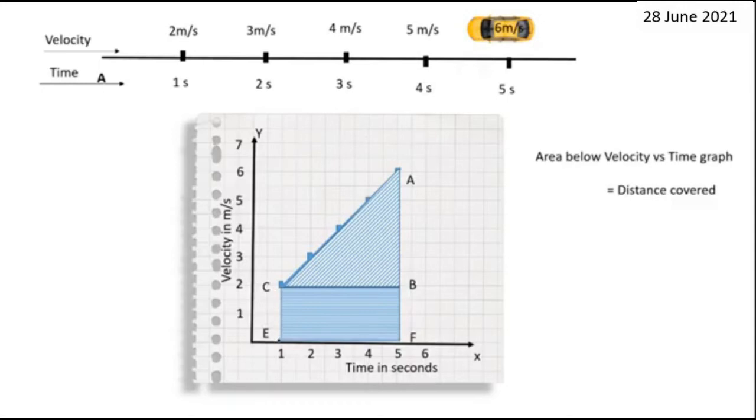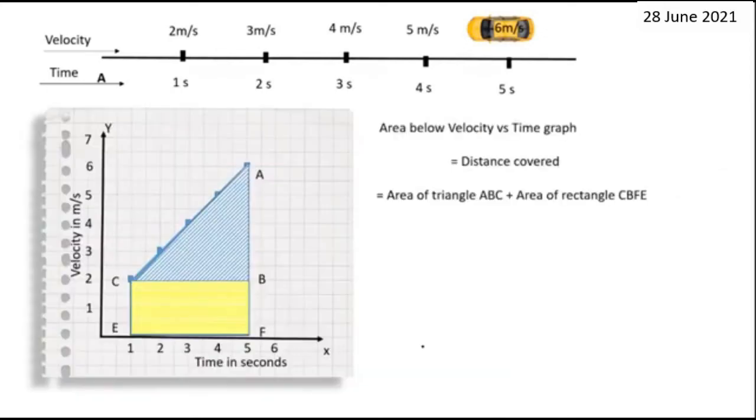So we have ECBF, a rectangle, and ABC, a triangle. And what is the area of a triangle? The area of a triangle is given by half into base into height, right? And for the rectangle it is very simple, length into breadth, and therefore the total area is the sum of the area of triangle ABC plus the area of rectangle CBEF.